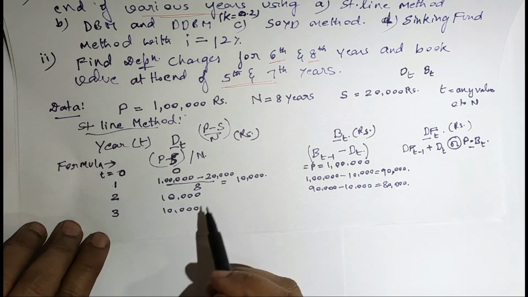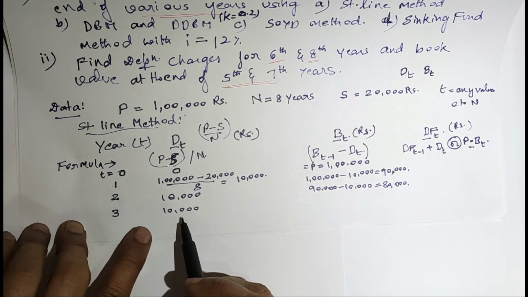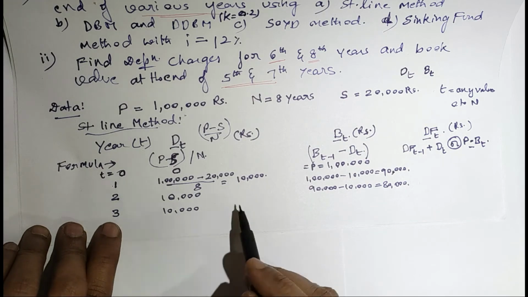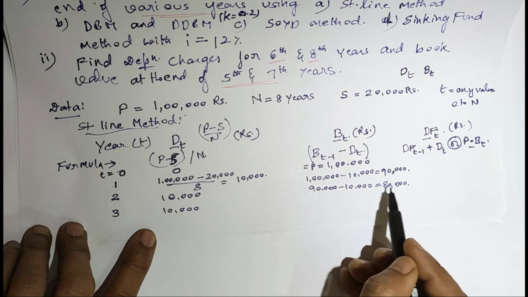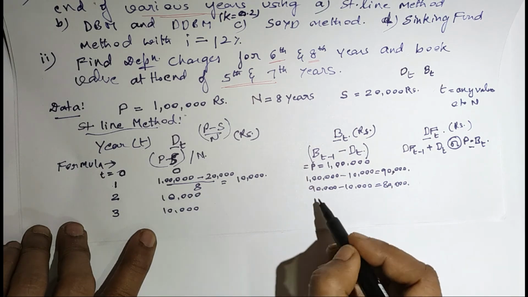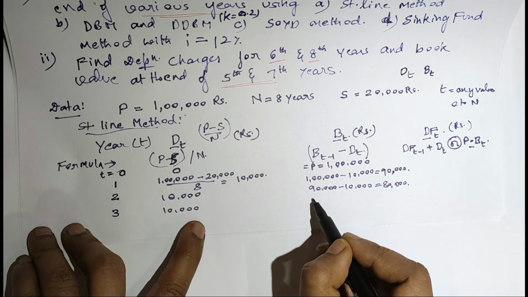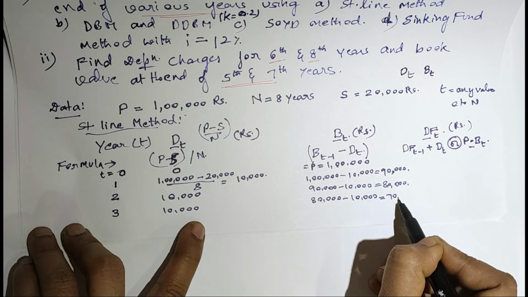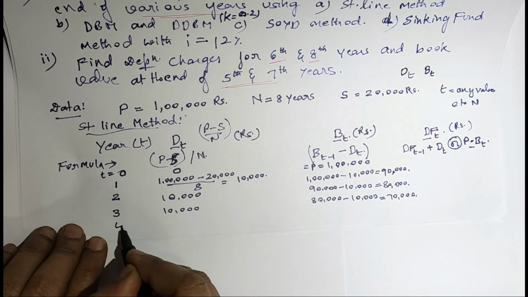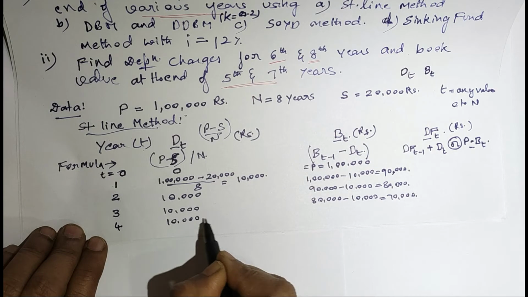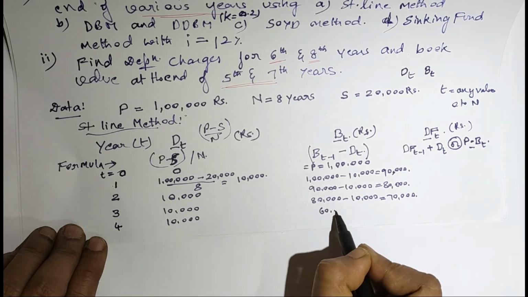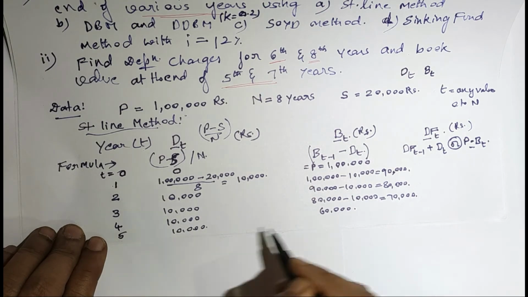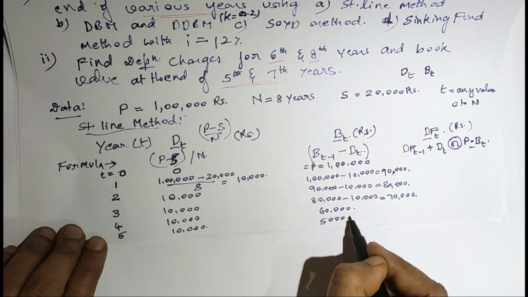In the straight line method, depreciation charges remain the same for all the years, any year you consider. T is equal to 3. Here I want the previous book value 80,000 minus current depreciation charges. So 80,000 minus 10,000, 70,000. Similarly, fourth year, 10,000, 70 minus 10, 60,000. I will directly write. Fifth year, 10,000, 60 minus 10, 50,000.